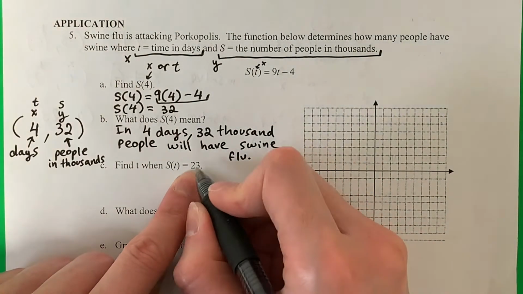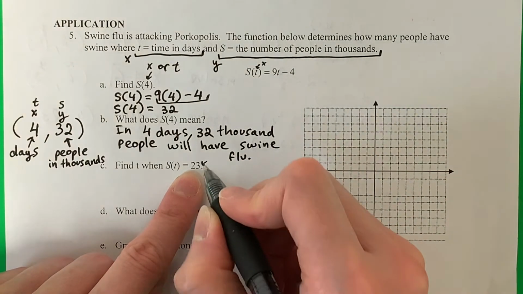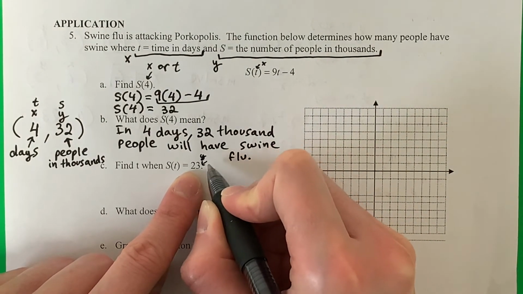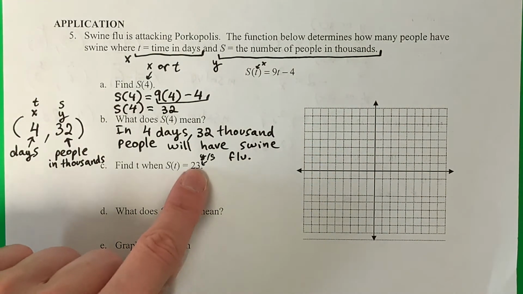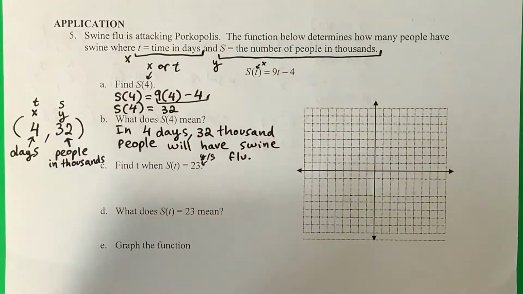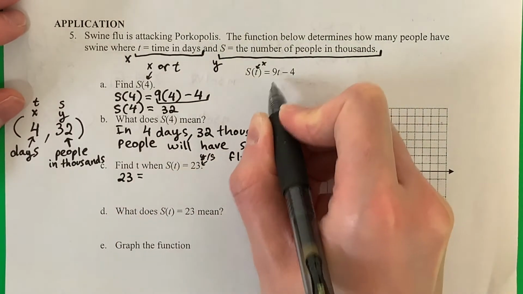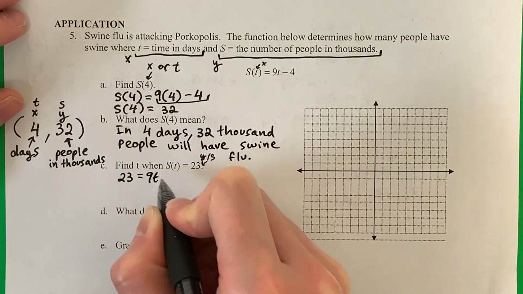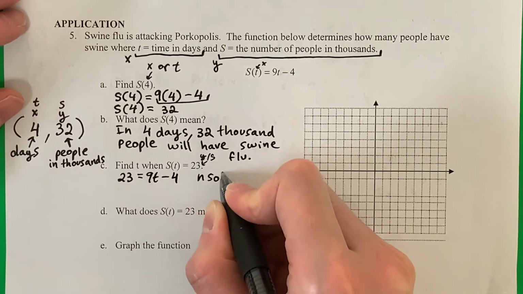Now let's do it again. This time I have 23 and it is outside the parentheses, so that is y or s. Okay? So this one is not going to go inside. This is going to replace s of t. So I'm going to put 23 equals 9t minus 4. And I'm going to do my Nsolve.